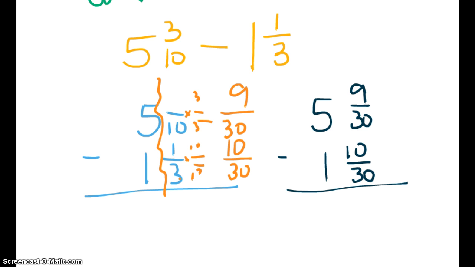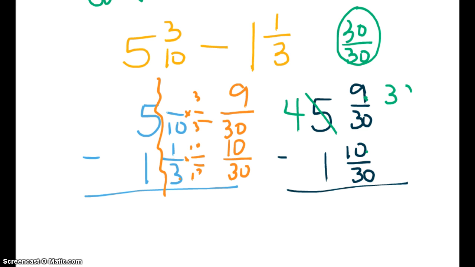10/30. Now, I'm going to have to do some regrouping. I cannot take 10/30 from 9/30. So I'm going to regroup one whole. So now I have 4 wholes. And I know that one whole was 30/30. So I can take that 30/30 and combine it here to get 39/30.